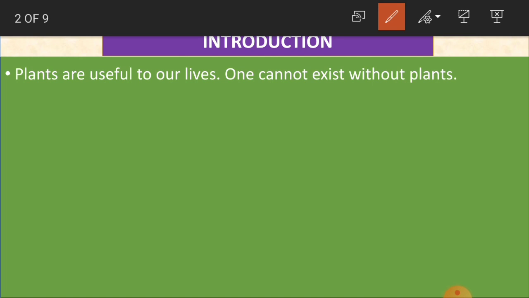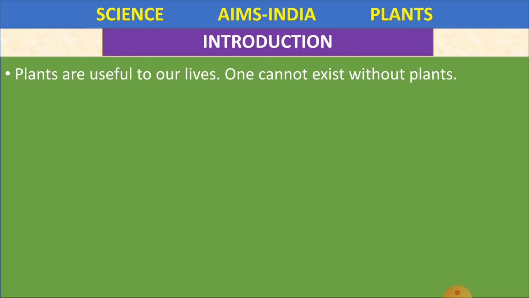We will not be able to live without plants, like the air we breathe, the oxygen, and the food we eat, like vegetables and fruits, all come from plants. They are producing food for us, and without food we cannot live. We in the sense not only human beings, even animals also. No other living beings can live. So plants are very useful to our lives.